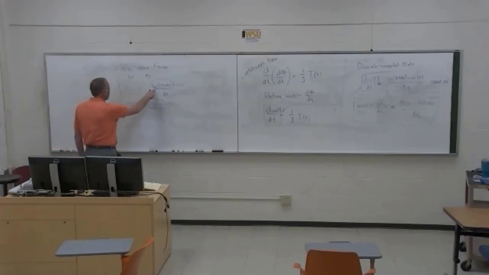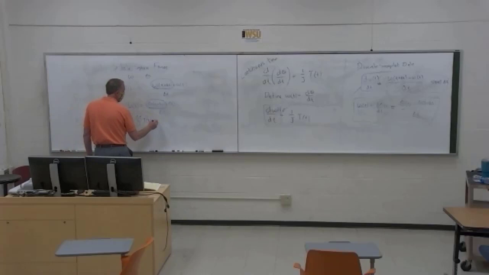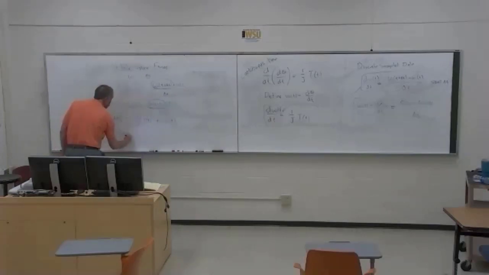So let's solve this one for omega at t plus delta t. So that's this equation, and this one says theta at the next time step.